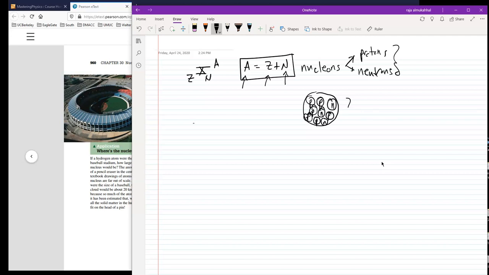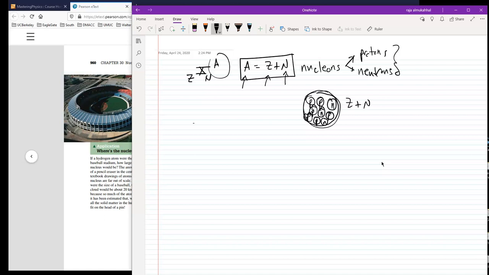So you have Z plus N. The total number of those nucleons is the mass number, what chemists would call the mass number. Got it? Again, this is the classic picture of a nucleus. It's not really the correct picture, but we will accept it for now. If you take advanced courses in nuclear physics, the picture becomes very, very different.